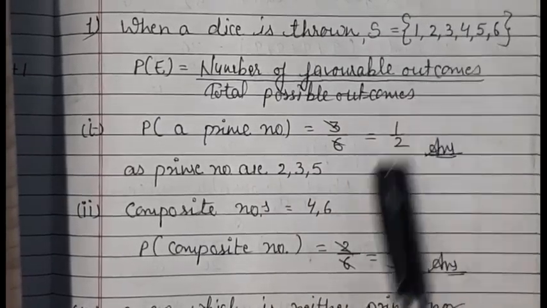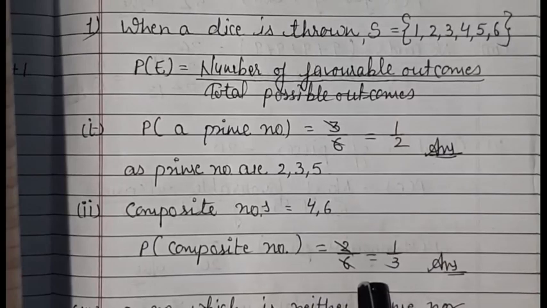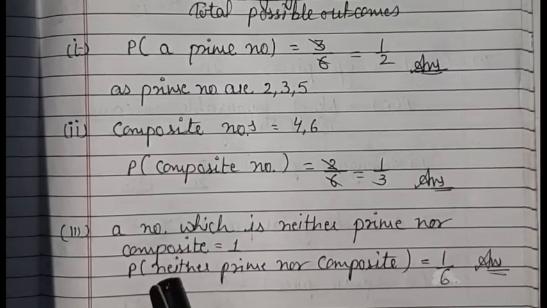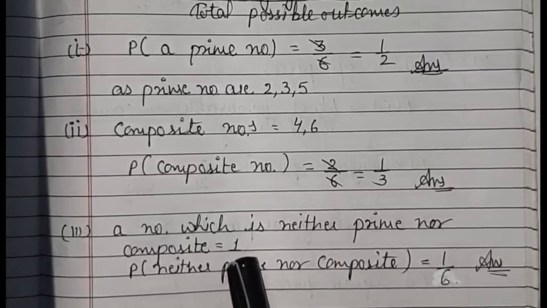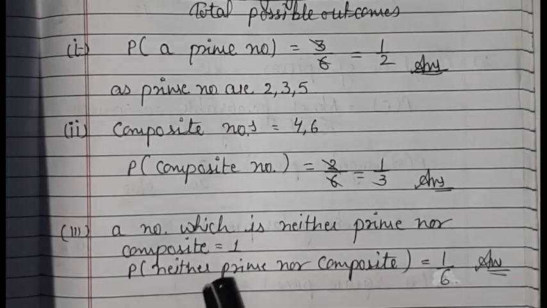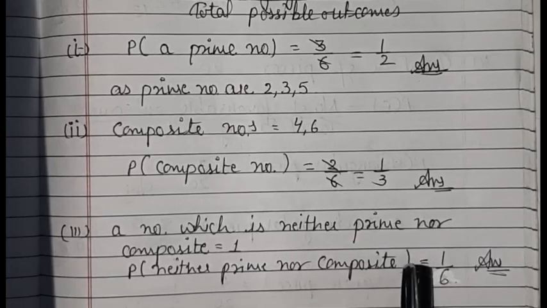There are 6 numbers, so divided by 6, 1 upon 2. Now third part, a number which is neither prime nor composite, that is 1 only. Okay? So probability of a number which is neither prime nor composite is equal to 1 by 6.